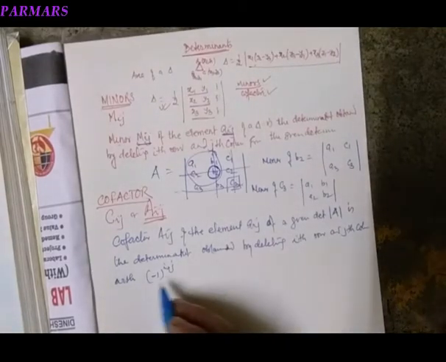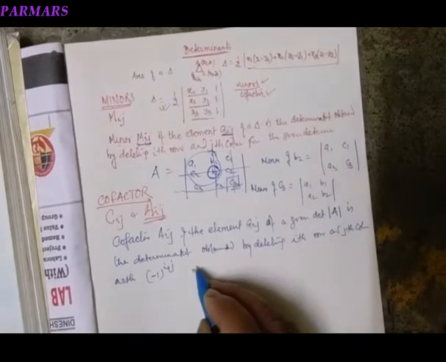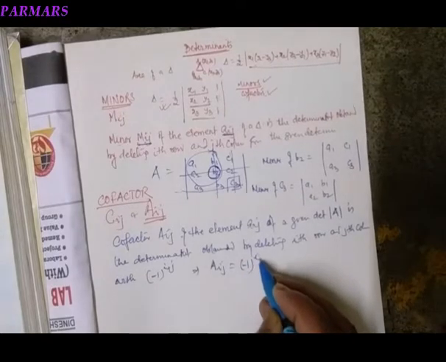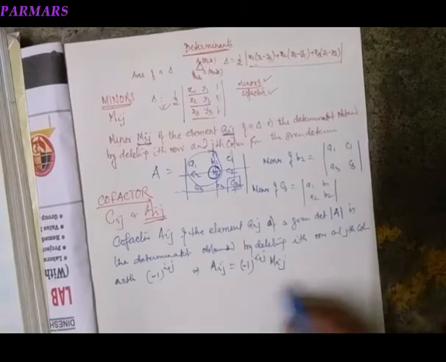You have to multiply with (-1) to the power i plus j. That means you can say that Aij is nothing but (-1) to the power i plus j times the corresponding minor.